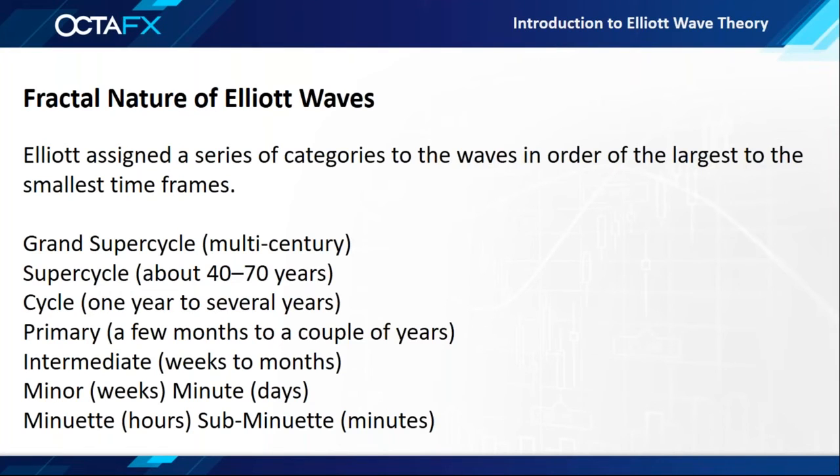So the idea is that this 5-3 pattern plays out across all of these different time frames, whether it's a grand supercycle all the way down to a sub-minuet made of minutes. You're going to see this 5-3 pattern playing out over and over and over again.